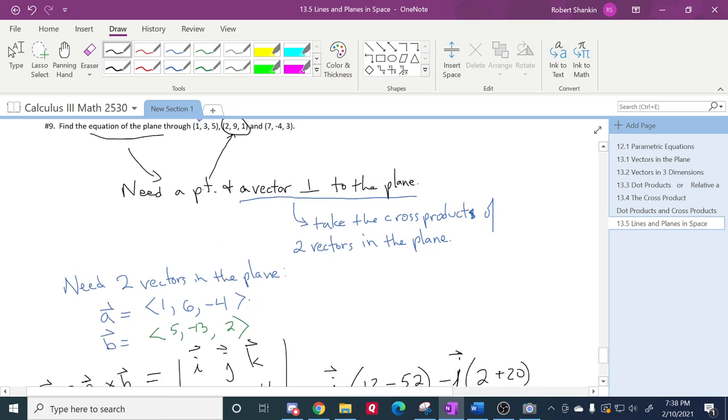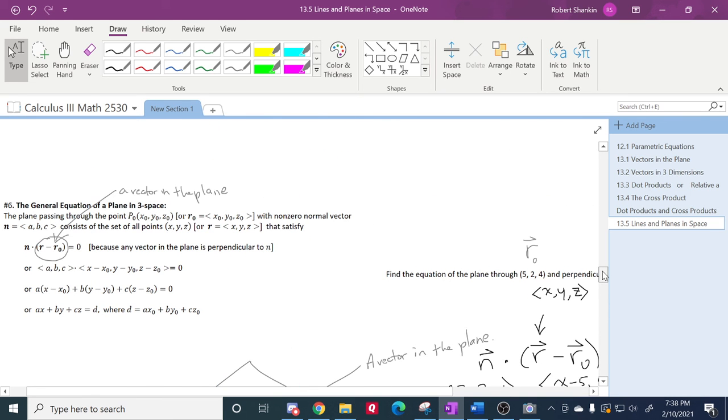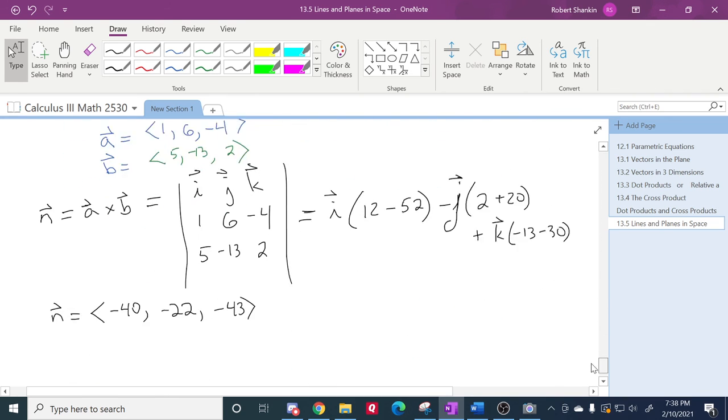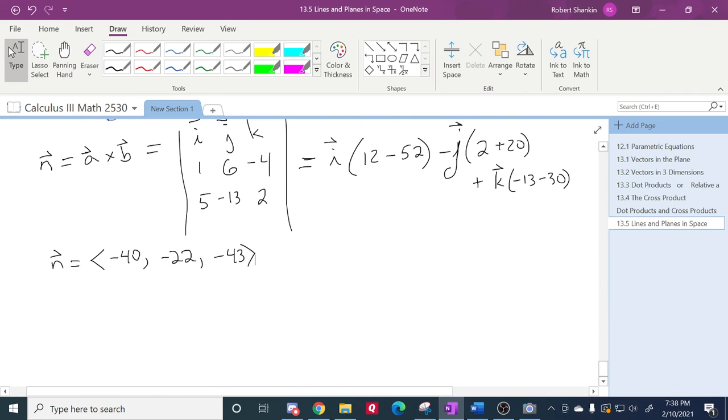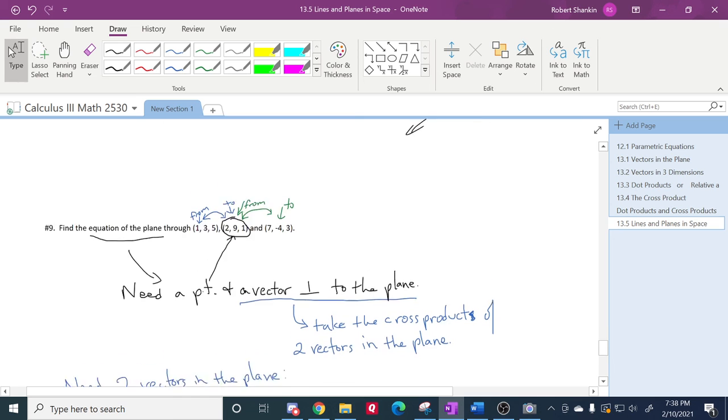All right, and then my point, let's go back up to the general equation of a plane. We called it r0. That's the point in the plane. r0, we make a vector out of that point, and we said it was (2,9,1).